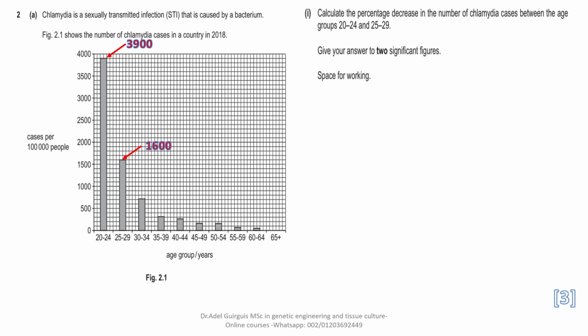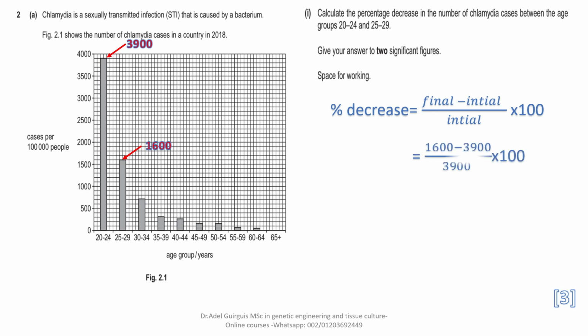Here he asked about the calculation of the percentage decrease. Percentage decrease or percentage increase is calculated by the same rule: final minus initial, divide by initial, times 100. Look, where is final? Final is the second group.